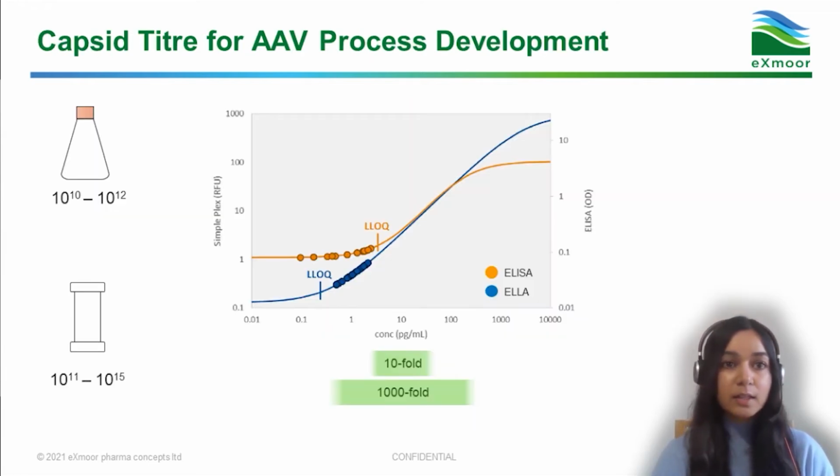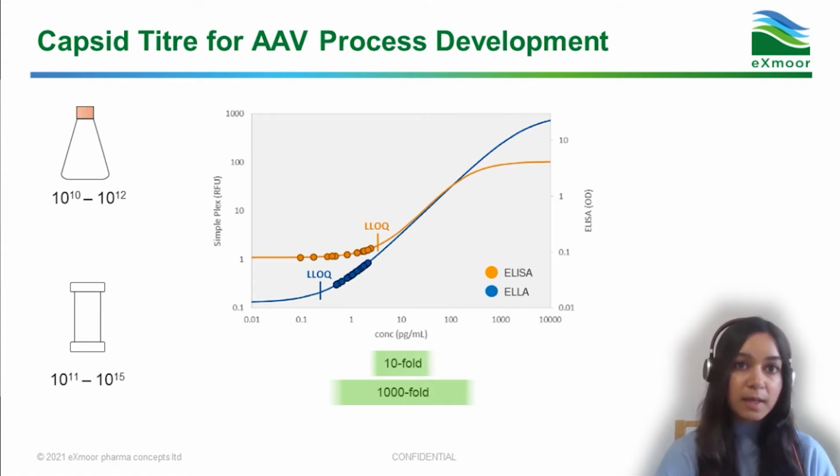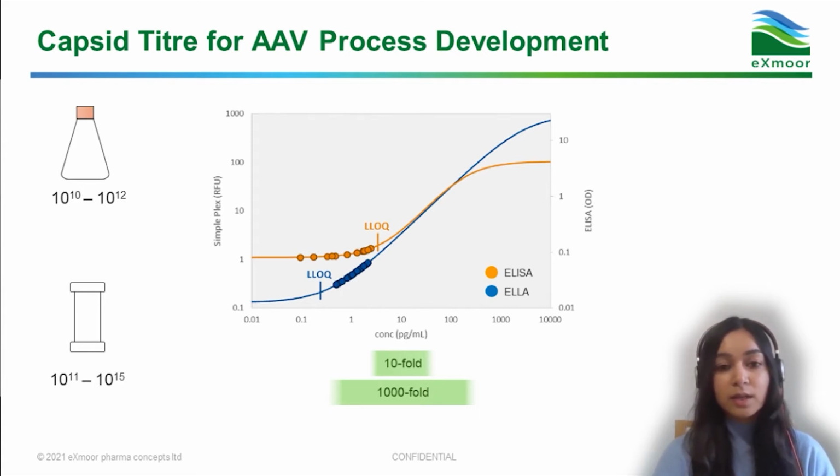So one of the challenges in process development is that there is a broad range of capsid concentrations across each unit operation. So you can see in the schematics to the left that the range consists of 10 to the 10 to 10 to the 15 across the entire workflow.